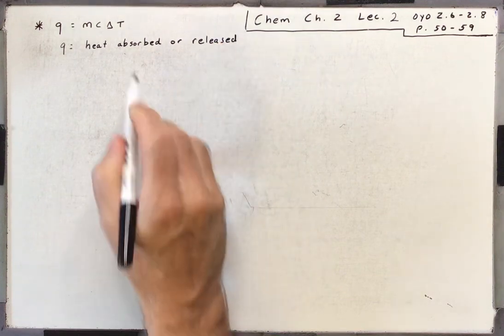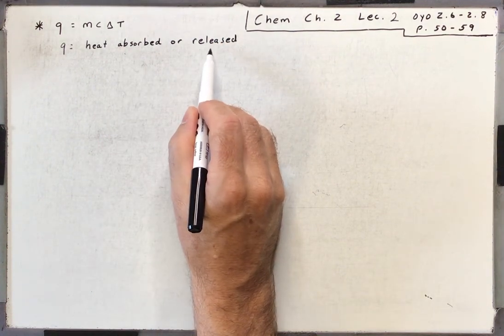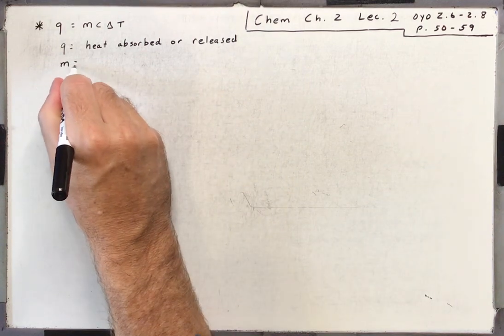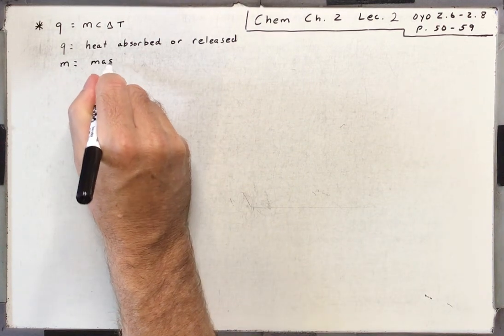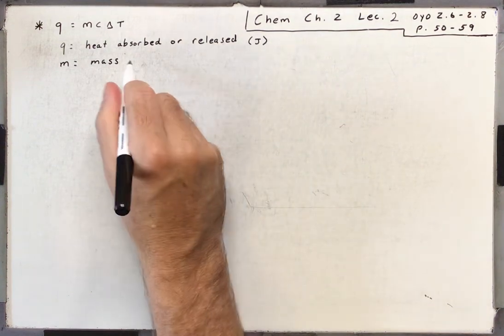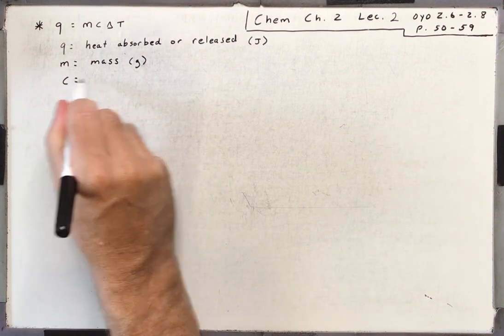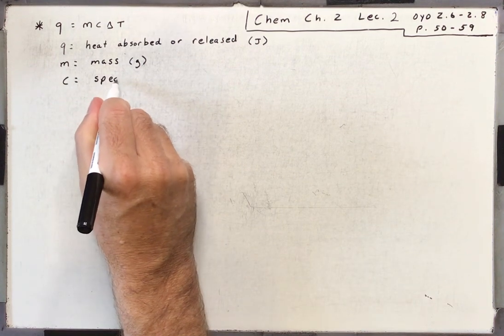If it absorbs, the object gets hotter. If it's released, the object gets colder. M is the mass, and it's usually going to be in grams. So Q would be in joules. Mass is in grams. C is the specific heat.